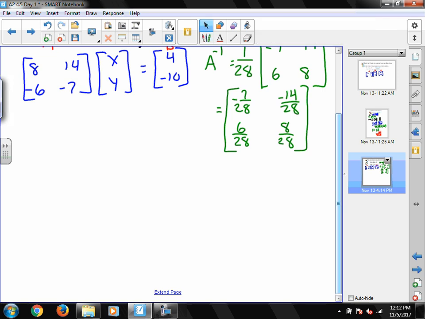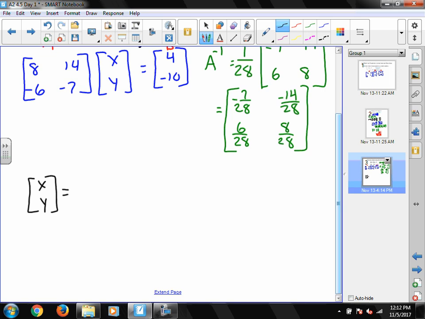So I know that when I multiply, I end up on the left with xy. And that's going to equal my matrix of -7 over 28, 6 over 28, -14 28ths, and 8 28ths.